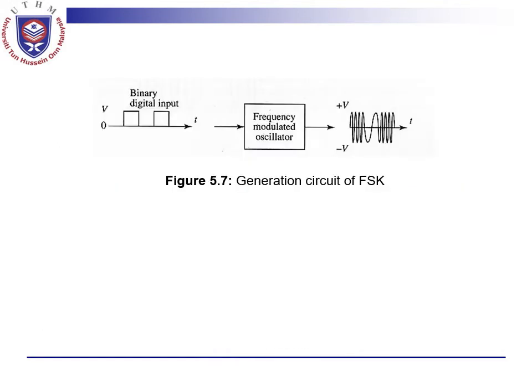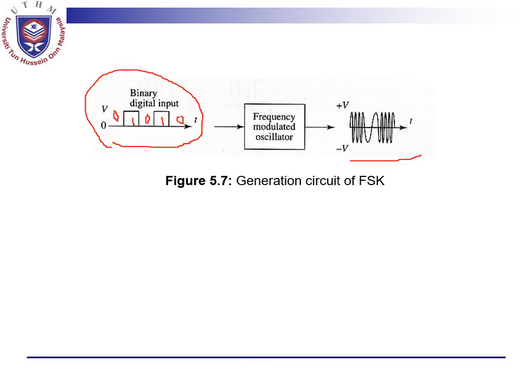So this is another example for the FSK. This is the binary input, which we have here 0, 1, 0, 1, and 0. So if you see the output of the FSK, the frequency of the output depends on the binary input.